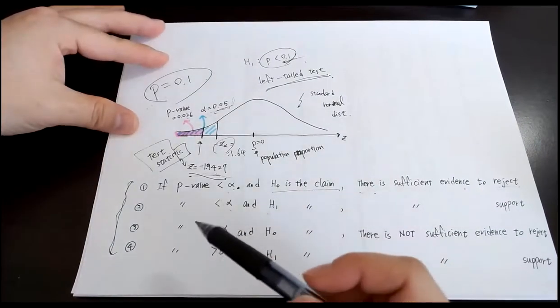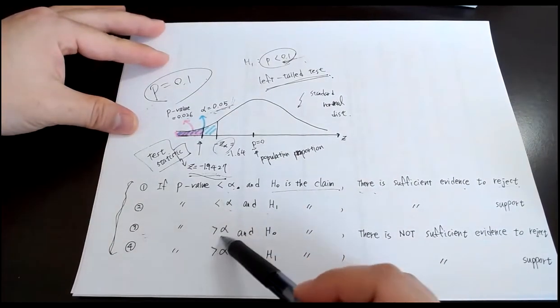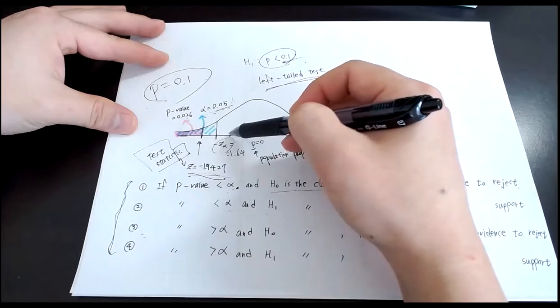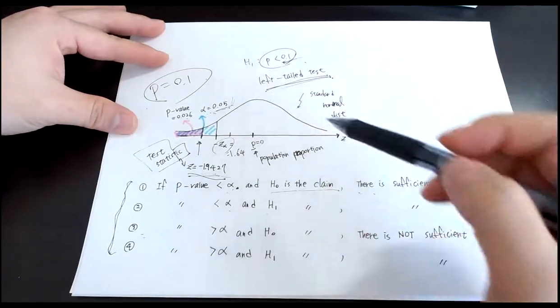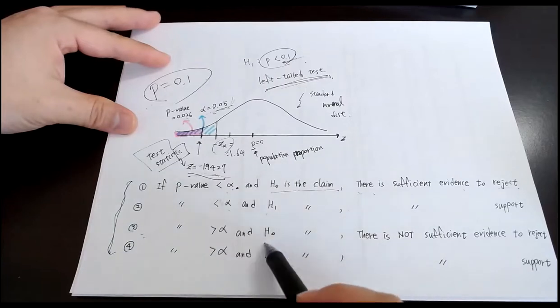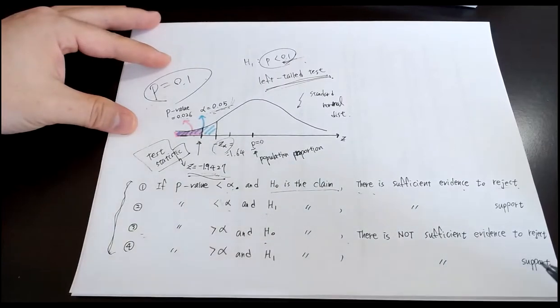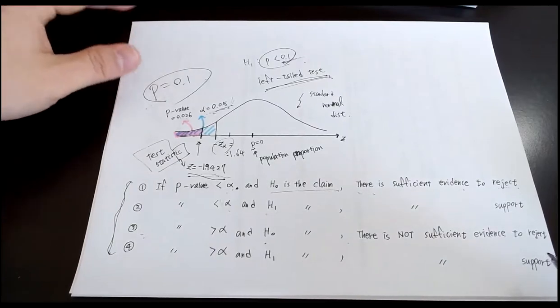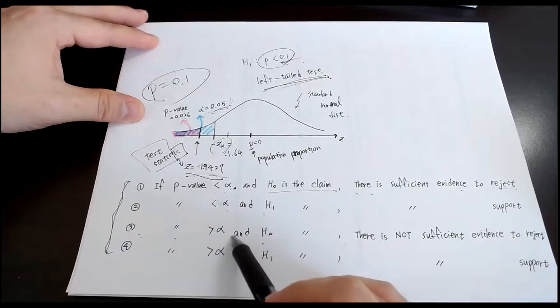Now the third case: if the p-value is greater than alpha, the test statistic is somewhere right there in the left tail test, okay? In this case, and H sub 0 is the claim, then there is not sufficient evidence, because we fail to reject H sub 0 since the p-value is greater than alpha.